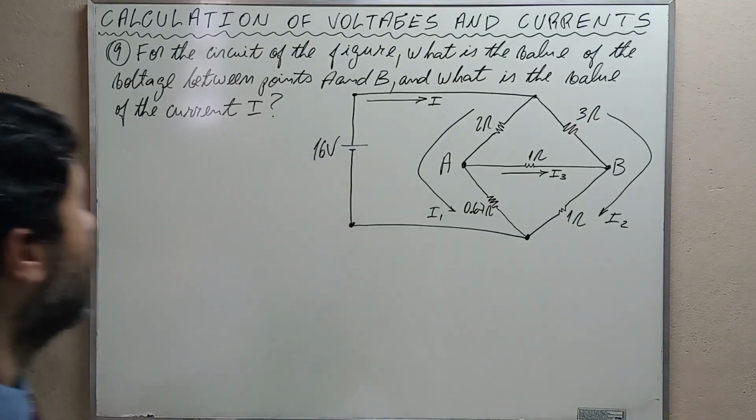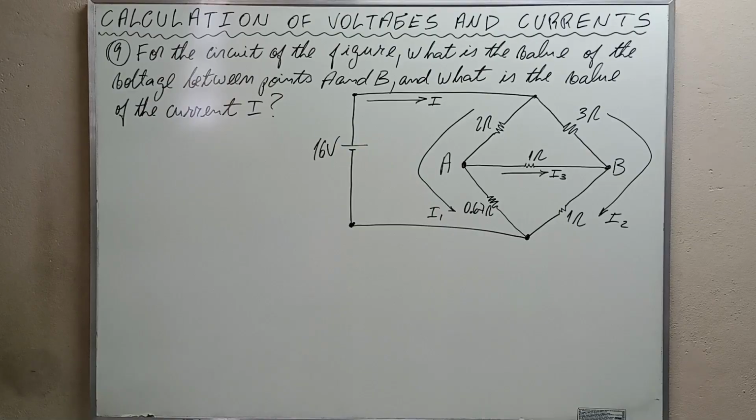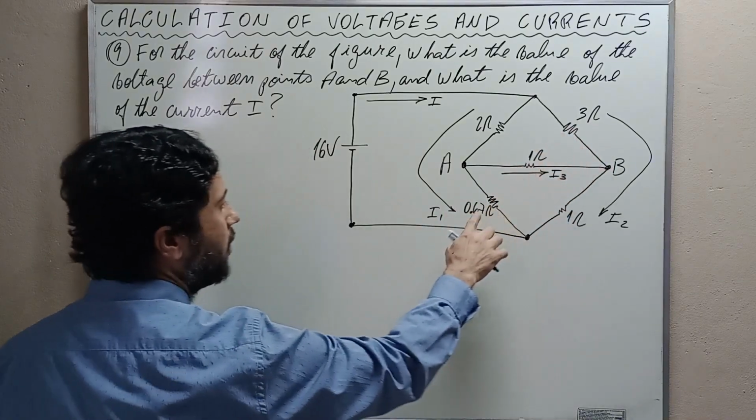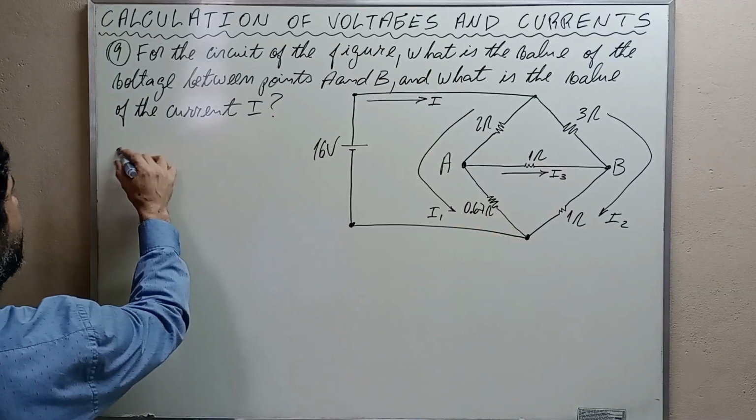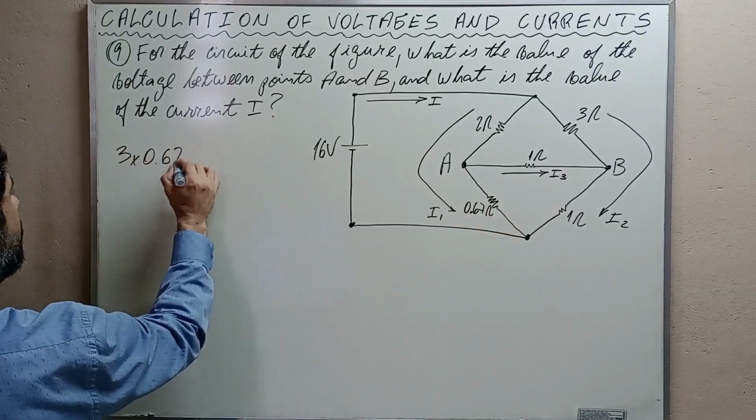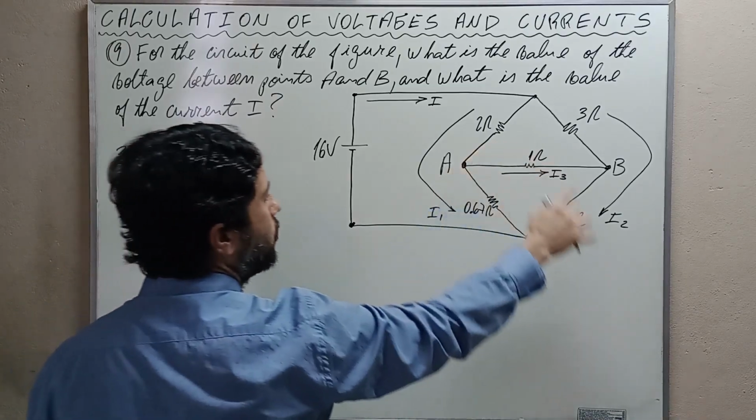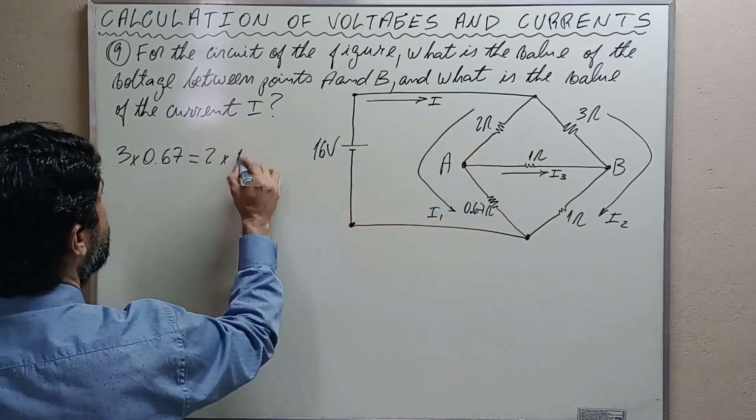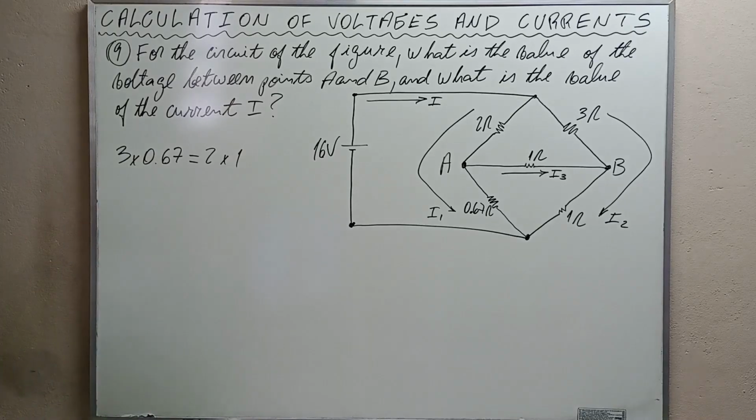Exercise number 9. For the circuit of the figure, what is the value of the voltage between points A and B, and what is the value of the current I? This is the question. Let's go to the solution. Observe that as 3 times 0.67 is equal to 2 times 1, the circuit is balanced and no current passes through the central branch.